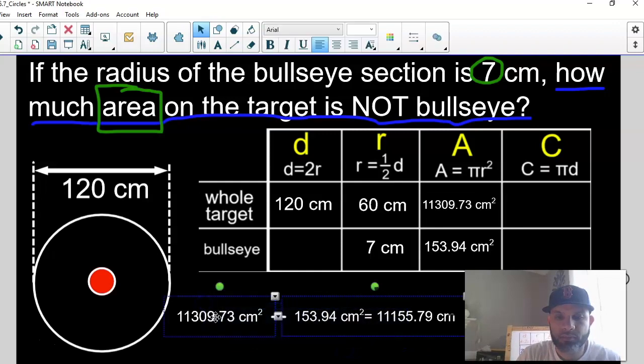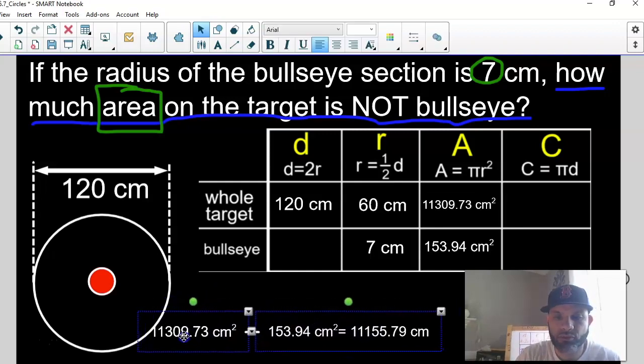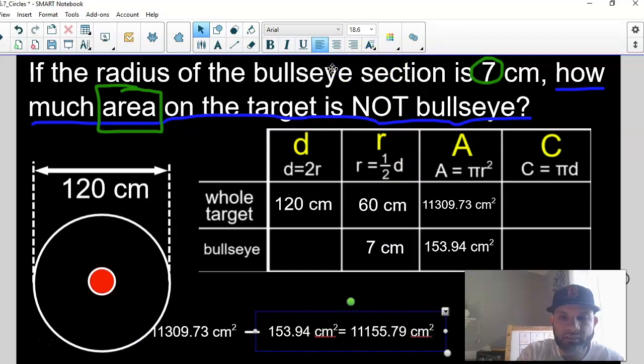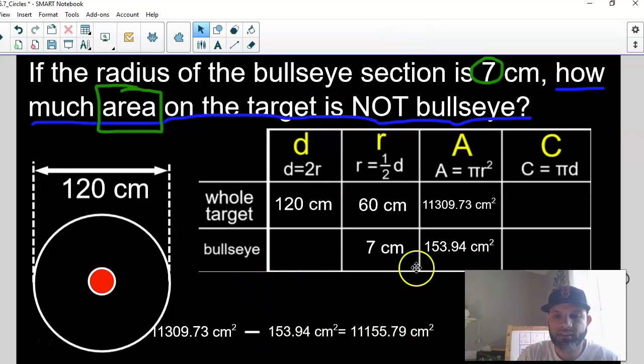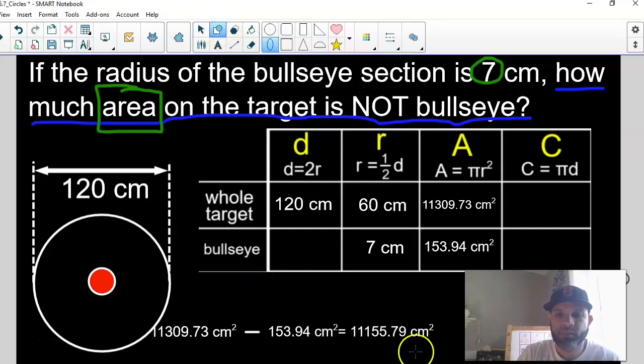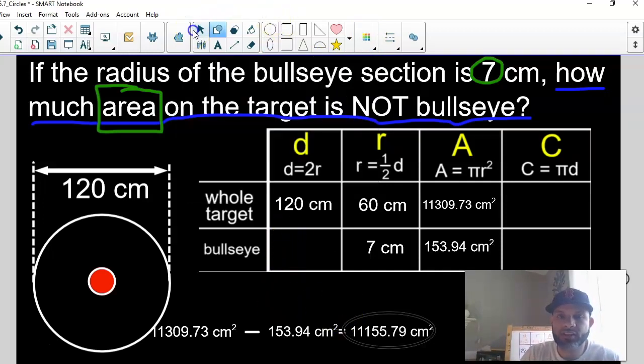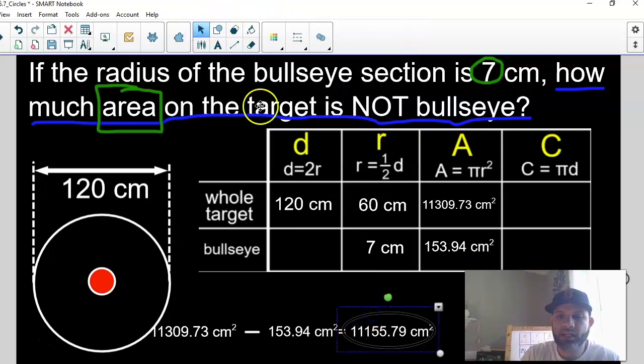Square centimeters, so I have to square it. Very important that we have our units correct, right? This is our answer right here: 11,155.79. Okay? So that was an example of kind of what we're going to be doing today.